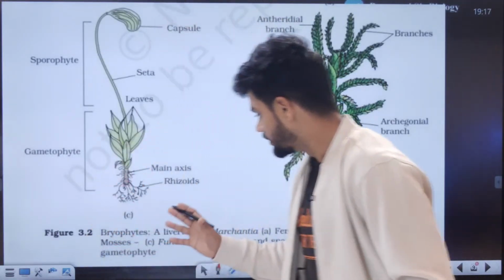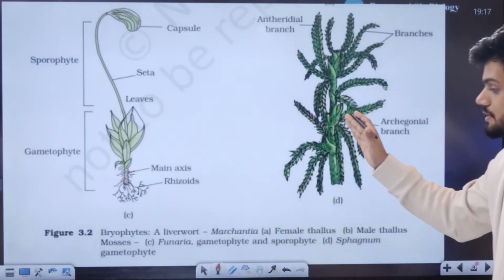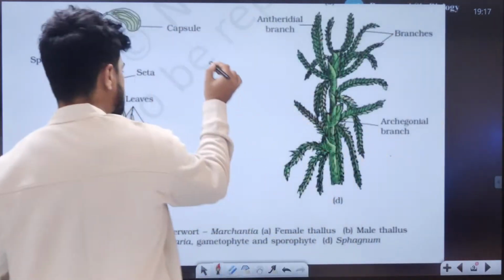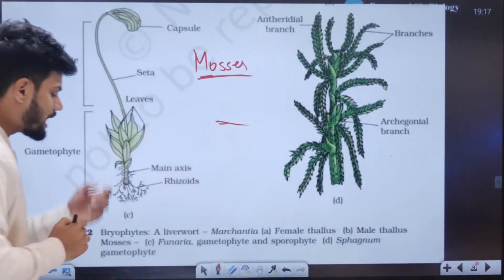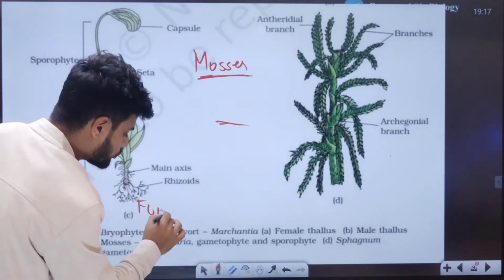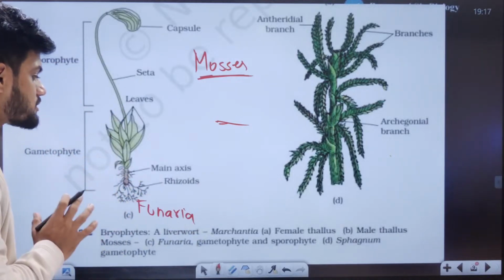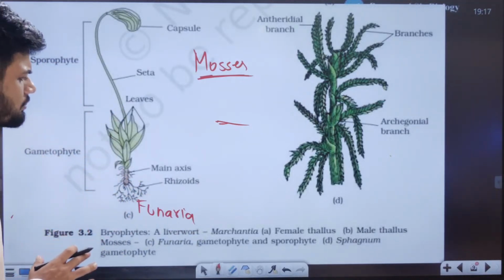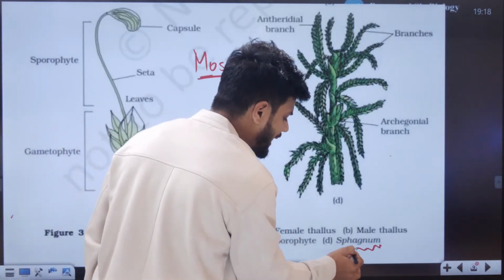For example, this is an example of bryophyte again. But these are the examples of mosses. The first example given is Funaria. And this is an example of Sphagnum. Now students, what comes to your mind when you think of Sphagnum?